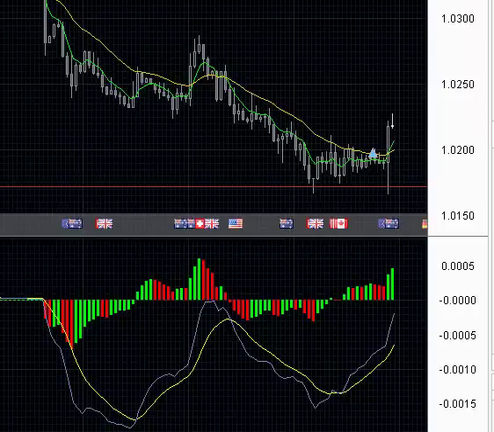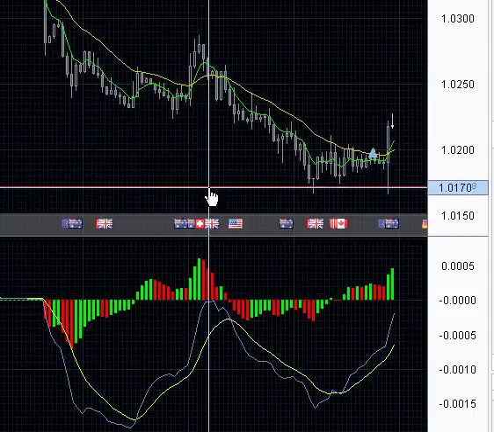This was a trade taken before the unemployment news, and it was taken at 1.0199. We had a stop at 1.0140, and just proceeded to move that stop higher.